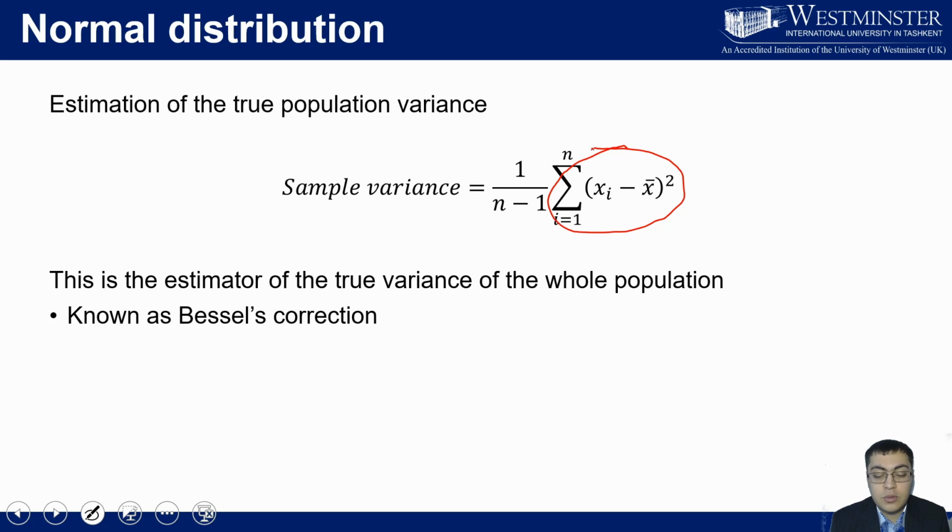If you were to use the population variance on a sample, it would underestimate the actual size of your variance. This n minus 1 is known as Bessel's correction. You don't necessarily need to know it for QM, but if you're interested in why exactly it's n minus 1, this is a starting point for further searches and studies.